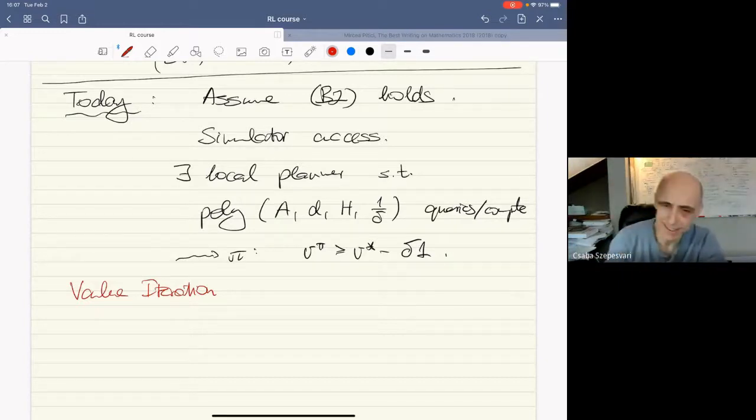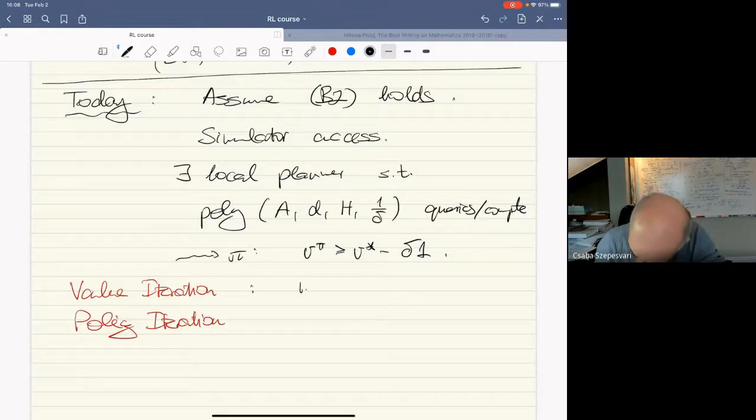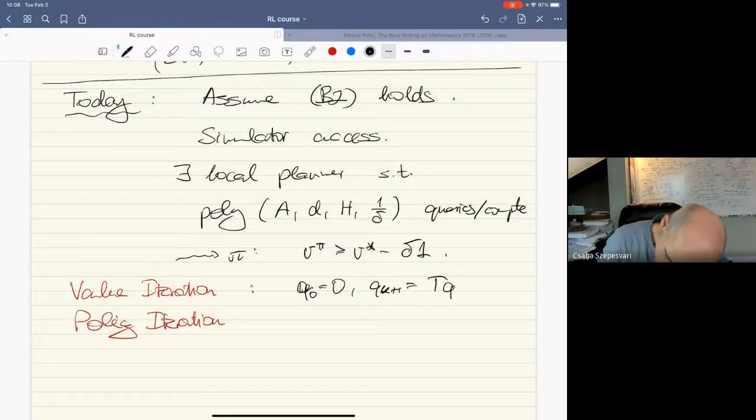Good. What is iteration? So how does value iteration work? So value iteration works by, I don't know, for Q functions, it would start with Q0 being 0, and then Qk plus 1 being updated by applying the Bellman optimality operator to the previous Q.